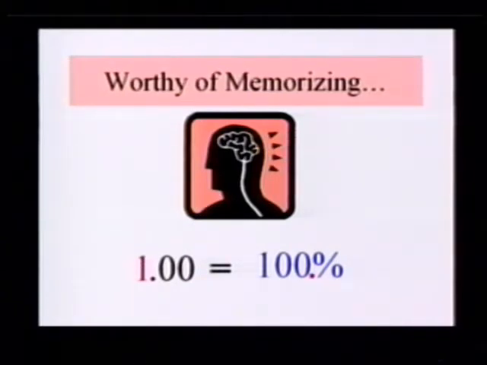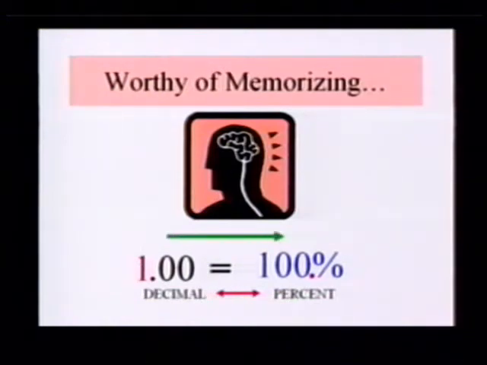Now, the problem is people forget which way to go. They know they go two places. Do they go two to the left or two to the right? And I always write out 1 is the same as 100%. Of course, 1.00 is a decimal, and 100% is a percent. If I'm trying to convert to a percent, I can see, if I write this out, that I have to go to the right.